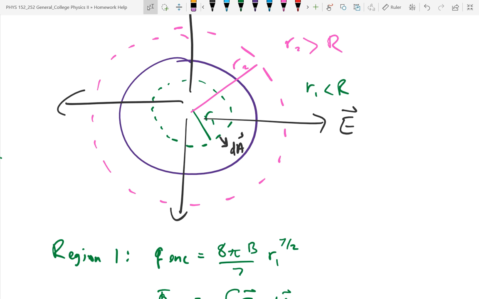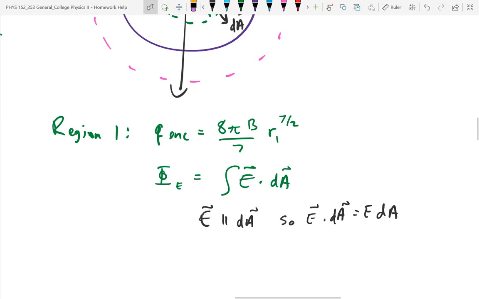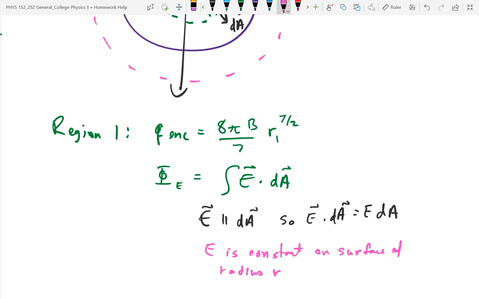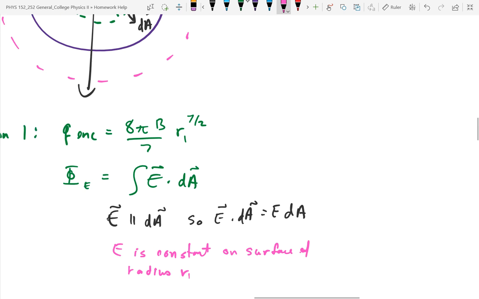It only matters how far you are from the center, which means the electric field is constant on a surface of radius r1.